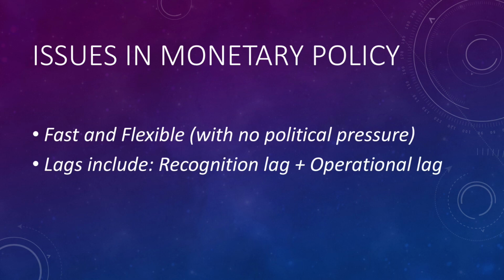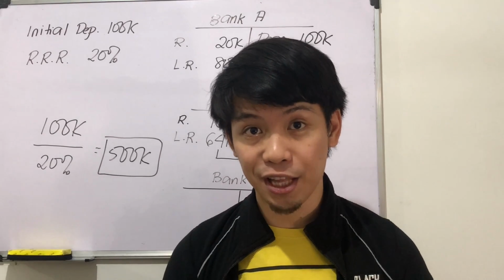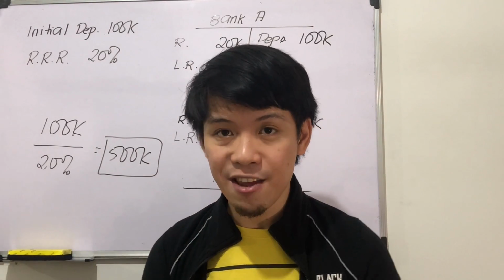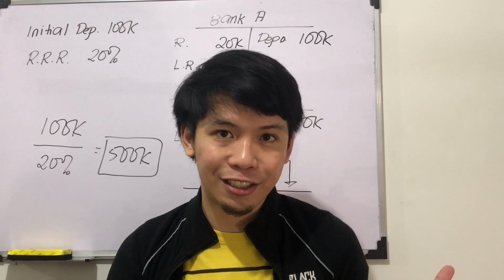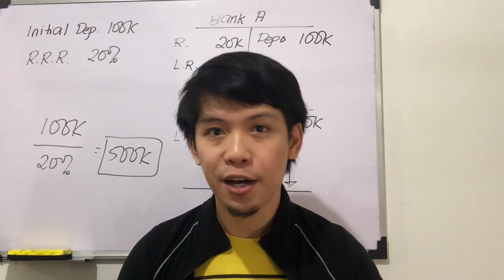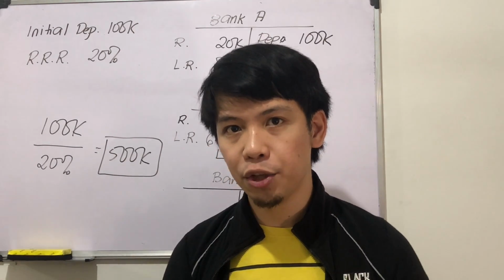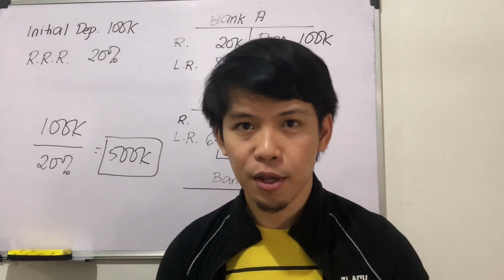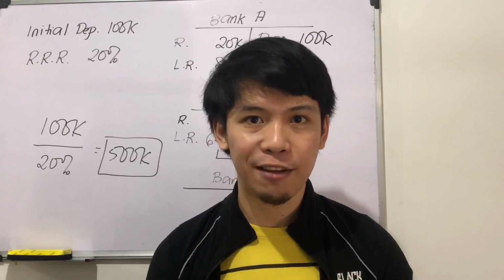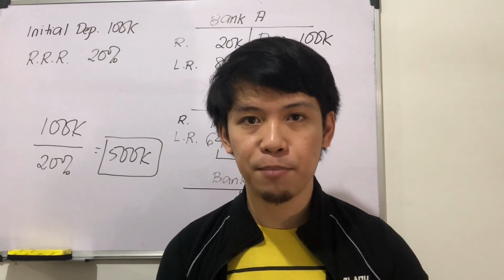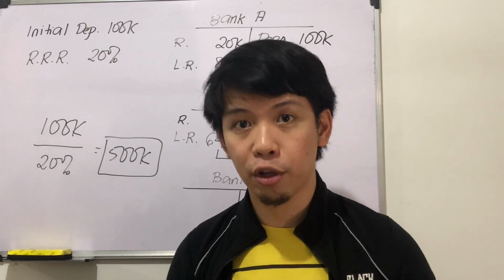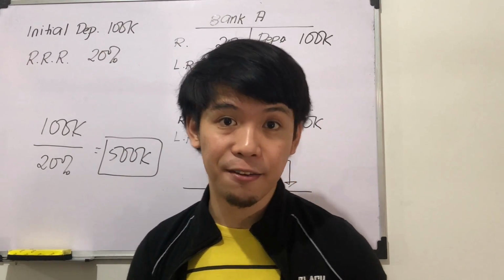It includes recognition lag. Remember that recognition lag is the delay between when an event such as a recession happens and when we recognize it. And operational lag. For the policy to work, it would take time. But there is no administrative lag, no government bureaucracy, which is present in fiscal policy.